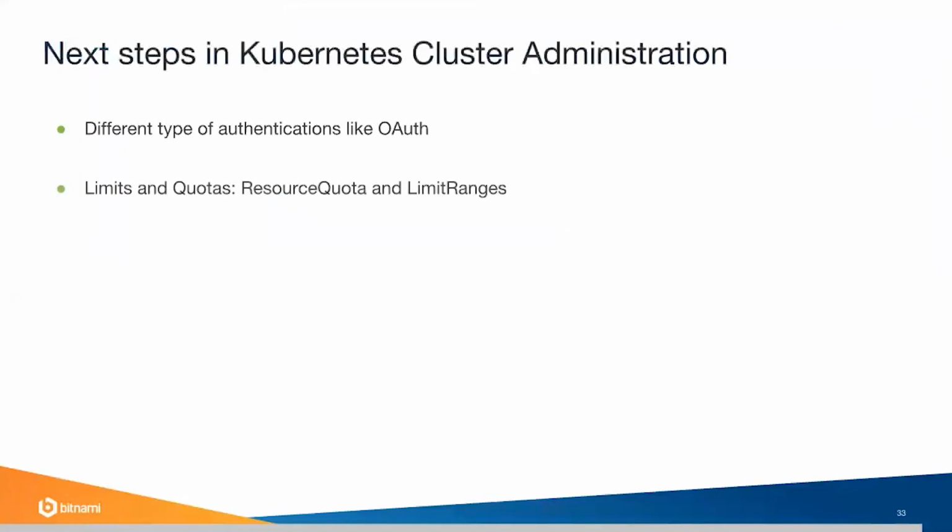Also, we've specified what a user can do or cannot do, but it's really important also to specify, for example, how many pods a user can create and how many resources they can consume. That's not something that RBAC defines. There are other elements like resource quotas and limit ranges that define these in cluster administration, so we don't start taking all of the resources with, for example, one pod.